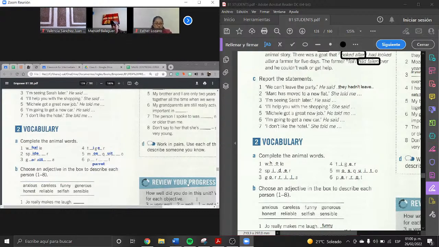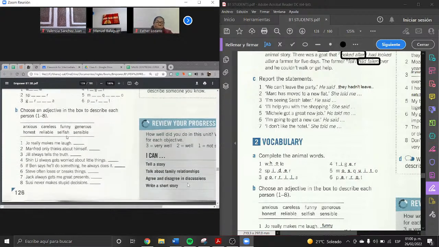Great. Adjectives to describe each person. Okay. Get rid of this and let's move on. Joe really makes me laugh. Funny. Manfred only thinks about himself. Selfish.